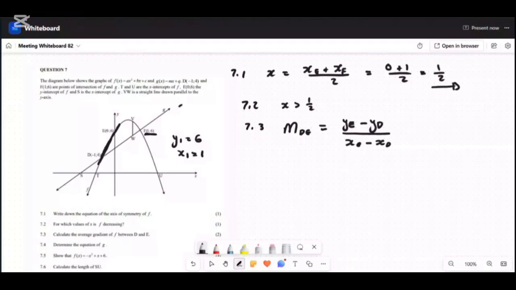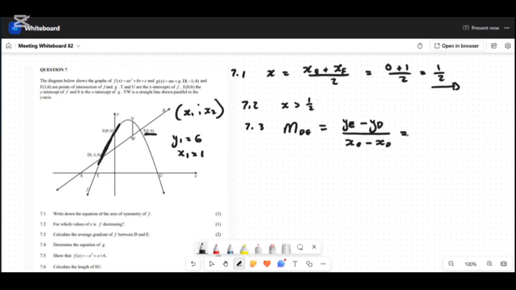Most learners tend to confuse this. So I prefer using the letters, so that I know which point I'm going to substitute in y2 and in x2, and so on.